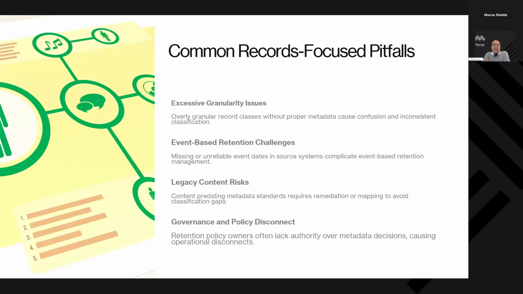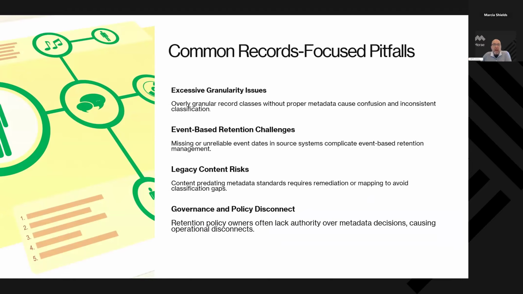Some of the pitfalls, really, we talked a lot about this stuff as I was going through here, but overly granular record classes cause confusion and inconsistent classification, right? So we get really down into granularity of our record categories.